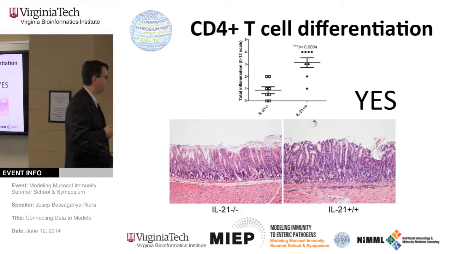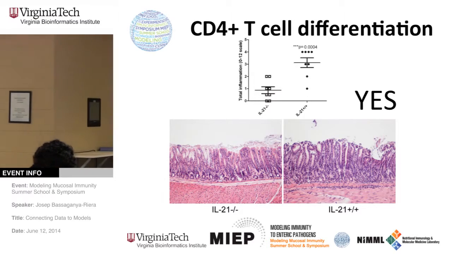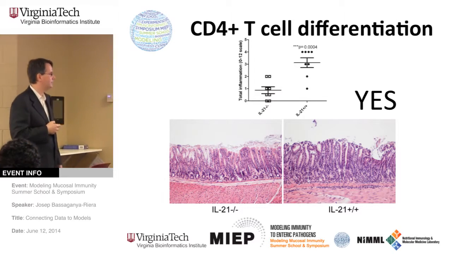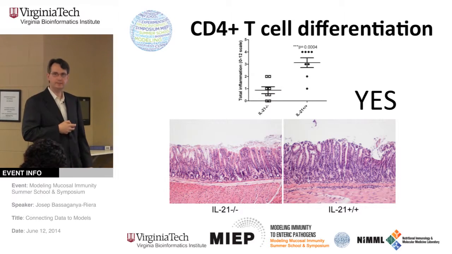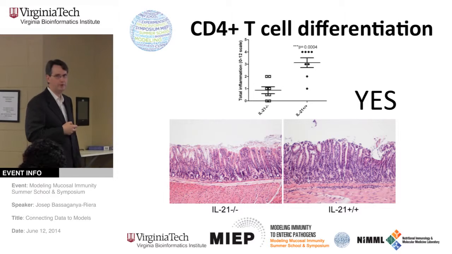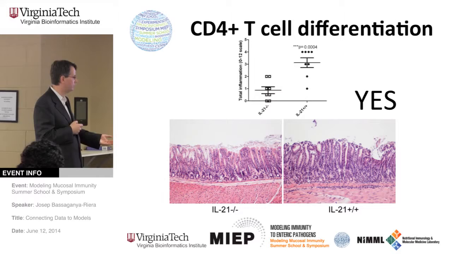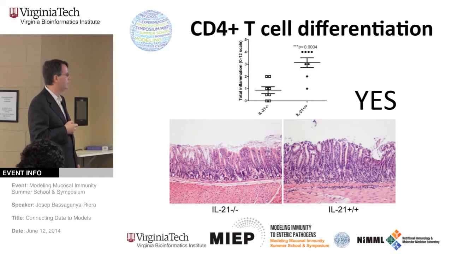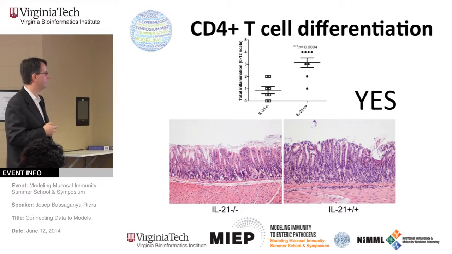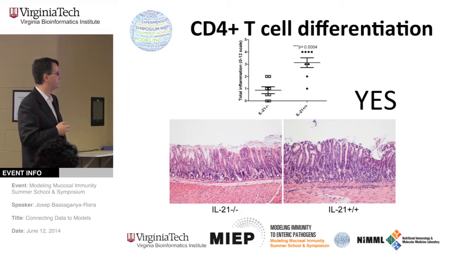And as you can see, if you know how to read those histopathology slides, there's significant leukocytic infiltration and a slightly enhanced mucosal thickness in the slide from wild-type mice, whereas in the slide from IL-21 knockout mice, the mice lacking IL-21, and those are whole body knockouts, the leukocytic infiltration was significantly reduced, and the top figure shows the significant difference when comparing IL-21 negative and IL-21 positive mice.